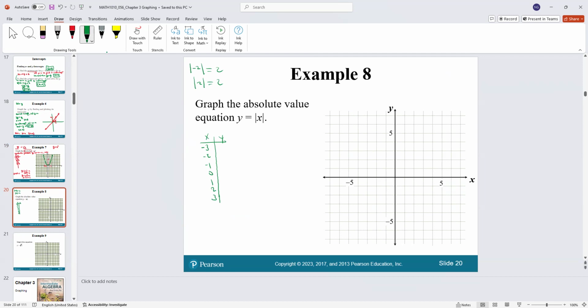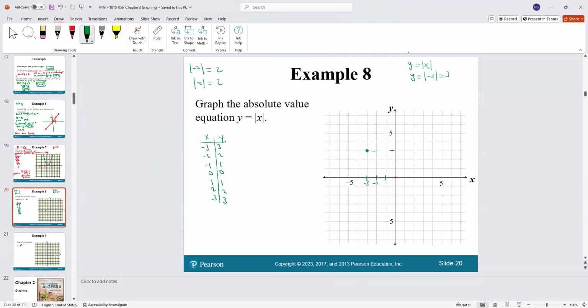I know y equals the absolute value of x. If x is negative 3, the absolute value of negative 3 is positive 3. The absolute value of negative 2 is 2. The absolute value of negative 1 is 1. 0 is 0. 1 is 1, 2 is 2, and 3 is 3. So I have all my coordinates. When x is negative 3, y is positive 3.